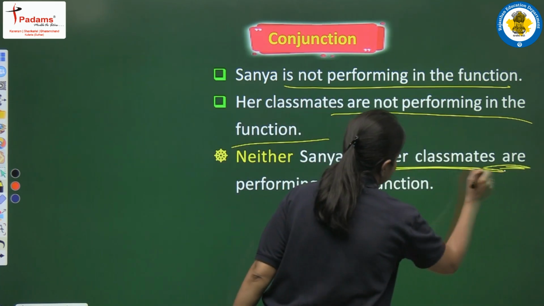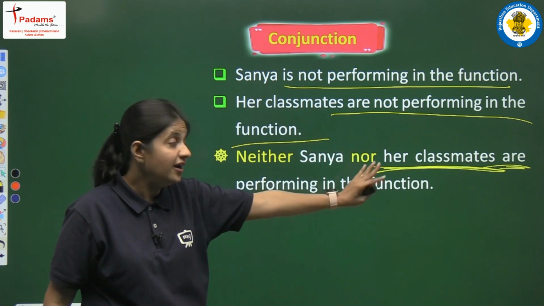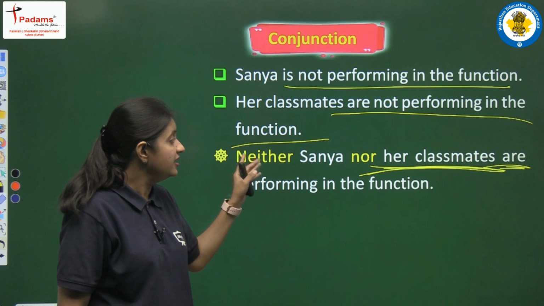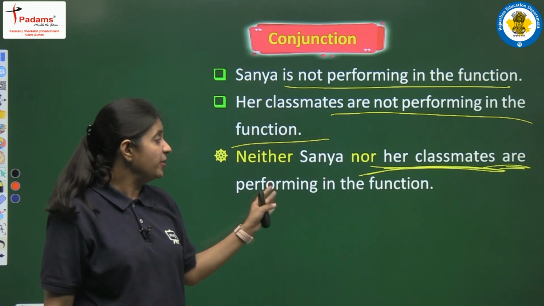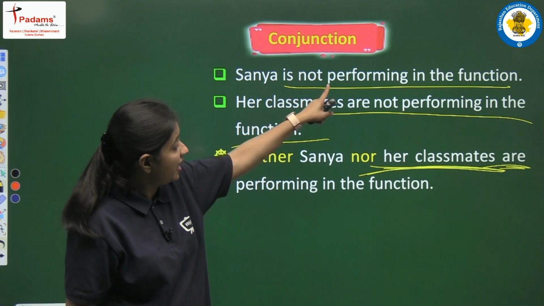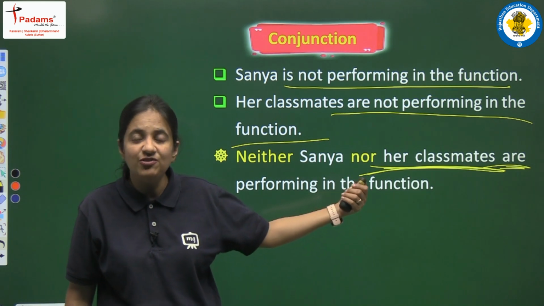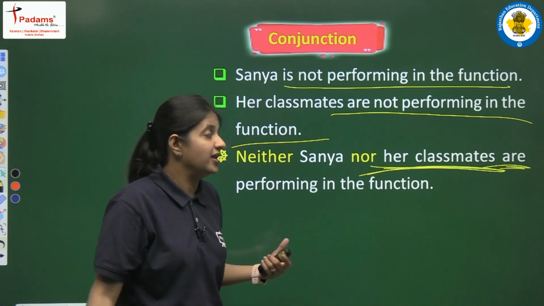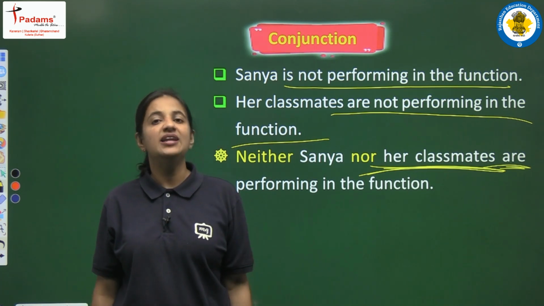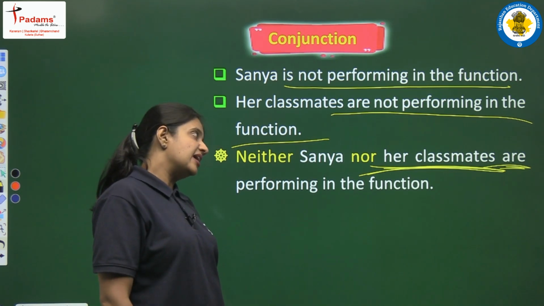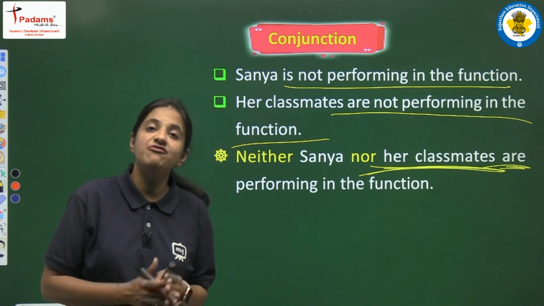Because her classmates is a plural subject, and the sentence will be: neither Sanya nor her classmates are performing in the function. The common part will be only one time, and yes, the sentence structure will be a positive one. Yes, we are using neither nor, but the sentence structure will be positive, and the sentence will be: neither Sanya nor her classmates are performing in the function.